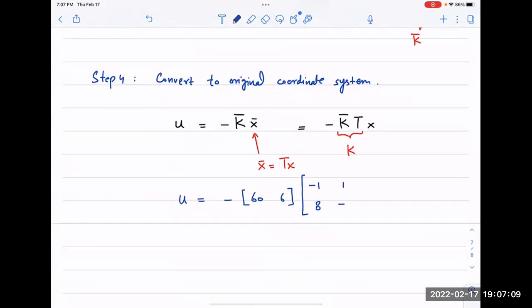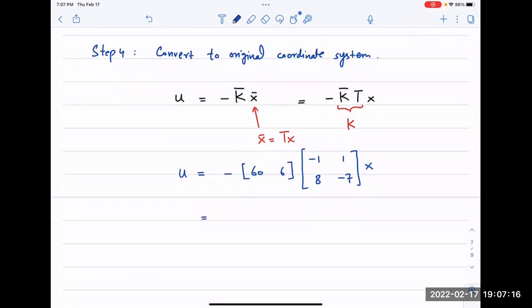We will just use that here directly, and that's going to give you your gain vector K. So it's minus 12, 18.